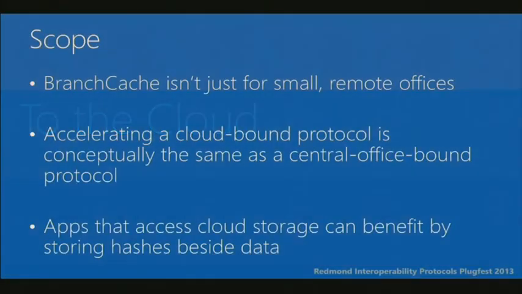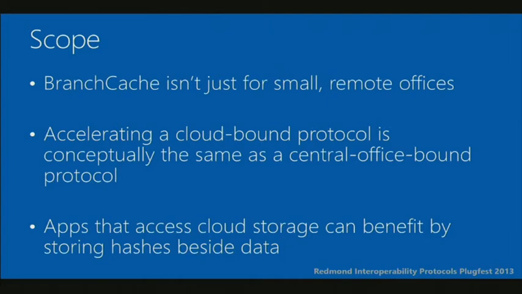So thinking about how branch cache could be used in a cloud infrastructure, even though it was originally targeted for dealing with small remote offices, if you think about it, the difference between a remote office and a central office is not that much as compared to any office and a data center.